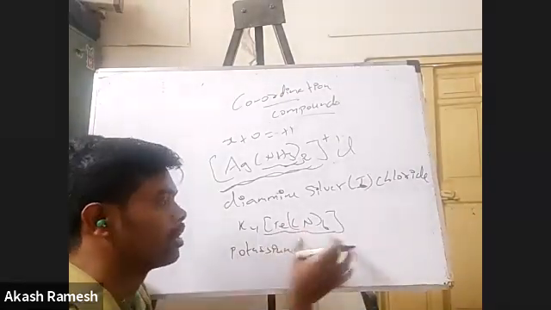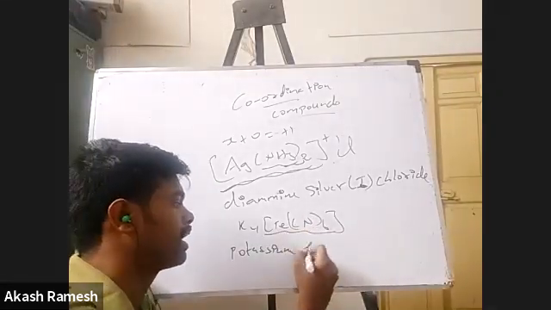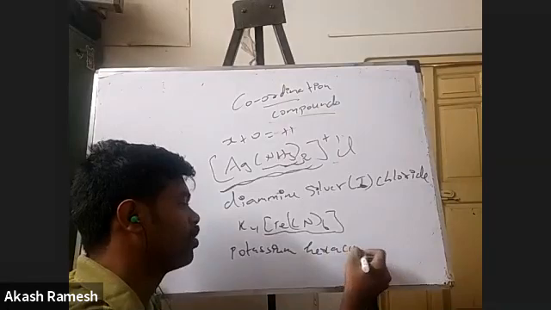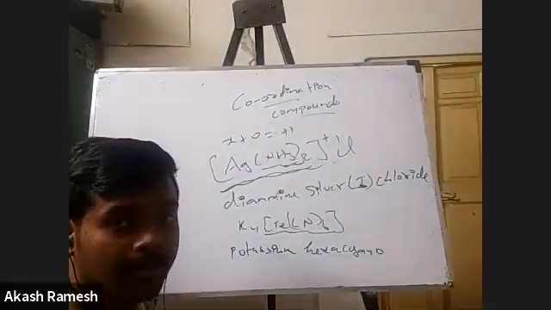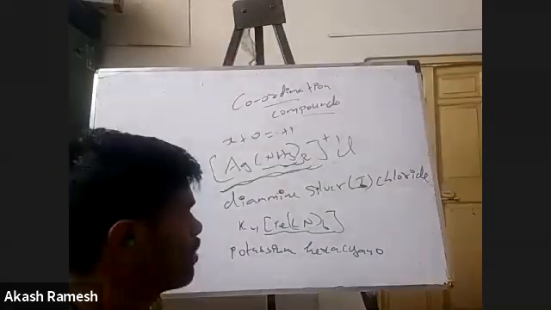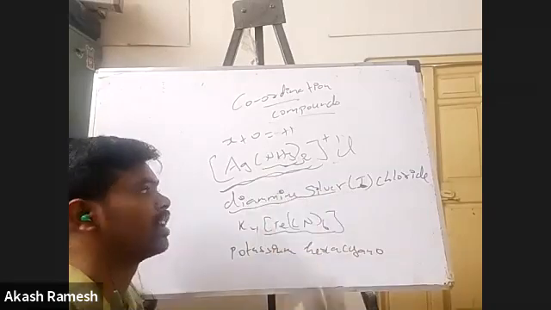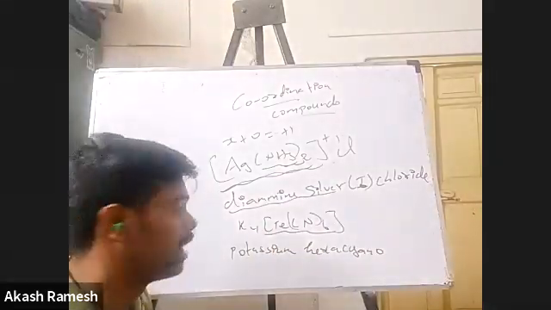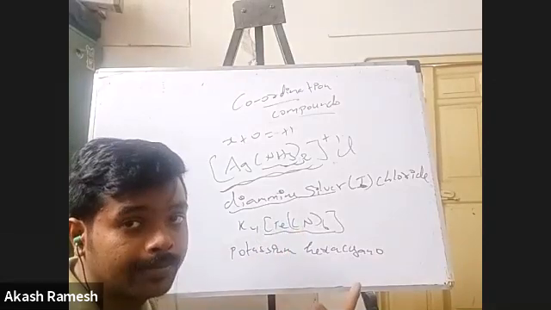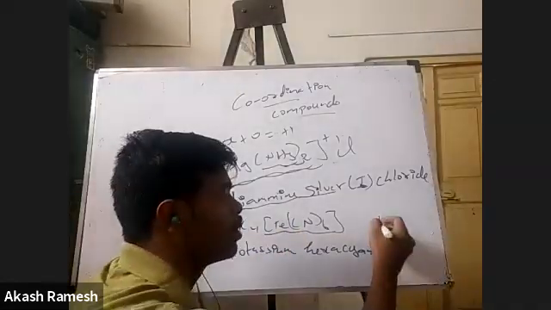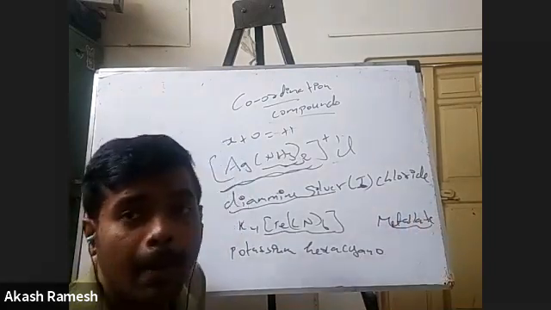Now again, when you go to the coordination sphere, you have to name the ligand first, right? So it will be hexacyano. Cyano is the name of the ligand, hexa because I have 6. Now, please understand, people. Last time you just wrote diamminesilver because it is in the form of a cation. Whenever the coordination sphere is an anion, please remember you have to end it with metallate.